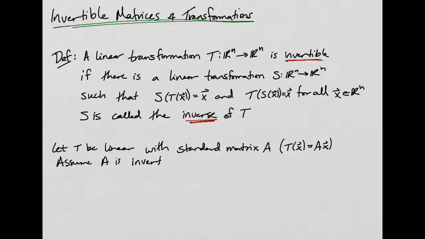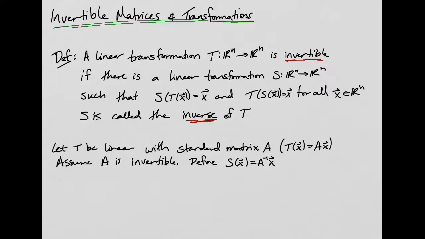So the goal is to show that T is also invertible, and I want to see exactly what the inverse of T is. So if A is invertible, I want to define S to be the linear transformation with standard matrix A inverse, which I know is possible because A is invertible.